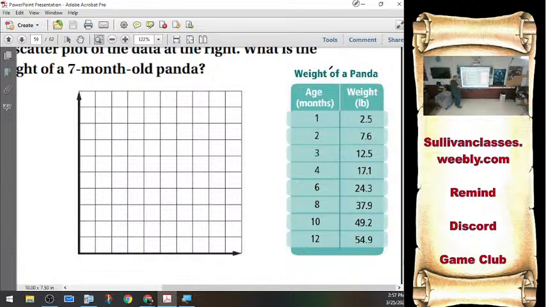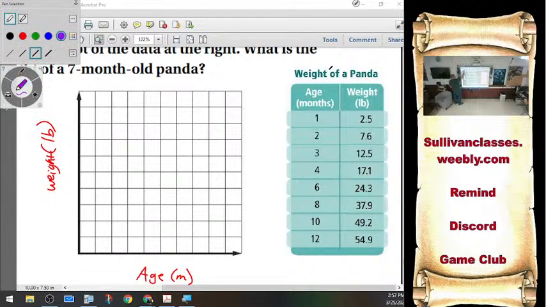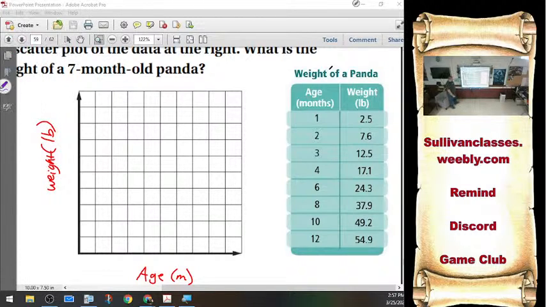Step 1, you need to make your scatter plot. You label age in months, weight in pounds, get an appropriate scale. I got to go out through 12. I've got 10 boxes. What should I go by?